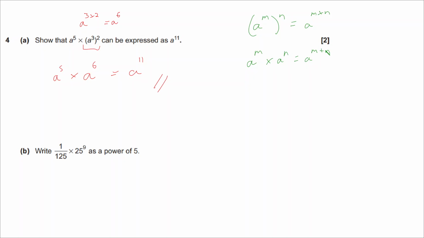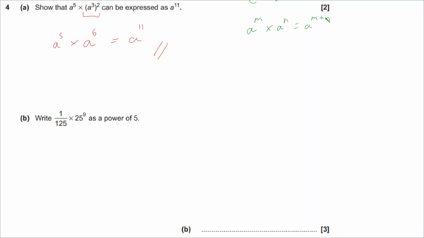That is good. Now, part B is to write 1 over 125 times 25 to the 9 as a power of 5. This means that your answer must be 5 to some power, where we're trying to find that power. This is recognizing that 125 and 25 can be written as powers of 5, because 125 is the same thing as 5 to the power of 3. 5 times 5 times 5 is 125, and 25 is 5 squared.